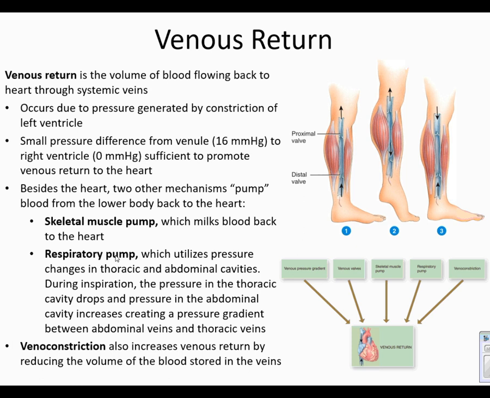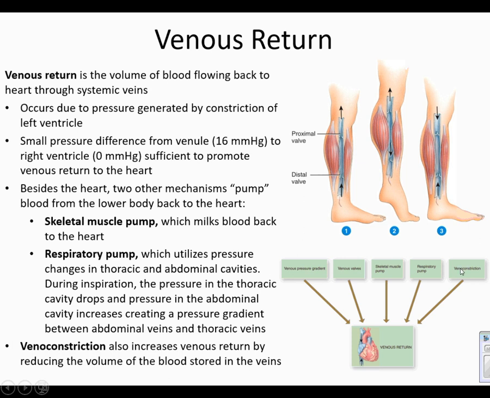Specifically, when we breathe in, pressure in your thoracic cavity drops and abdominal cavity pressure goes up. That helps draw blood up, just like it helped draw lymph up. And there's a fifth factor, the venoconstriction that we talked about earlier, which helps decrease venous volume, helping to return blood back to your heart.